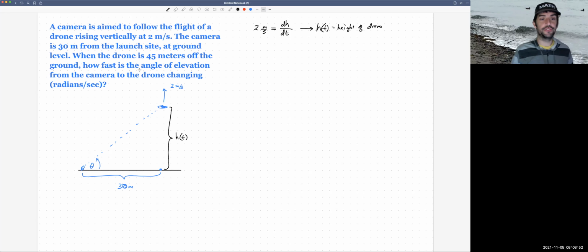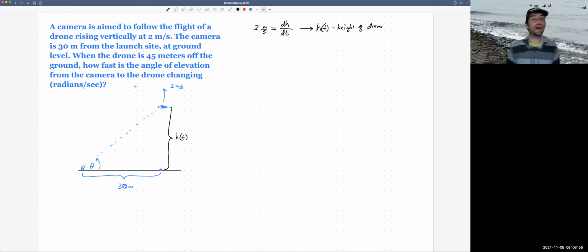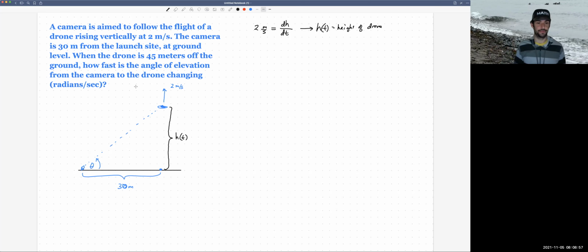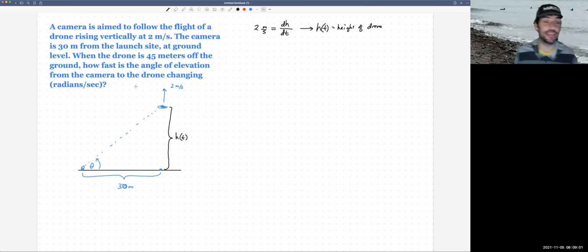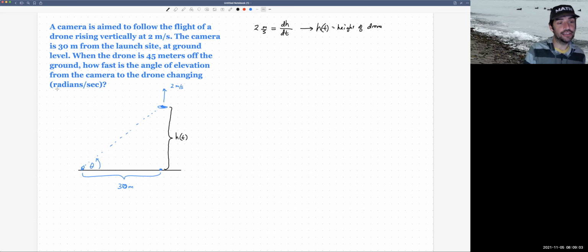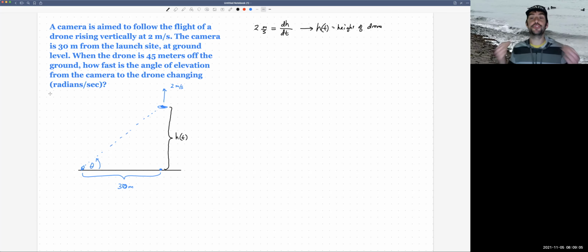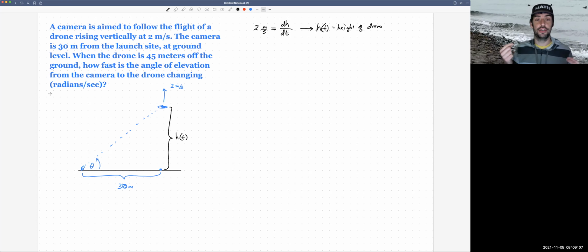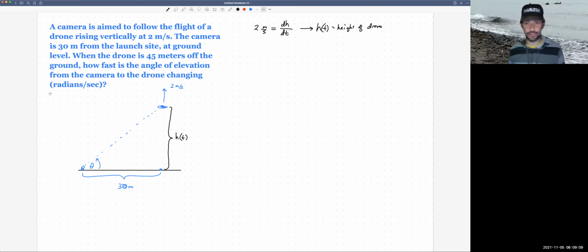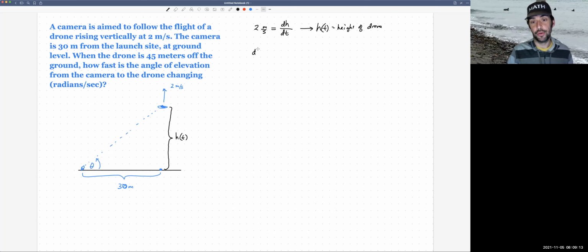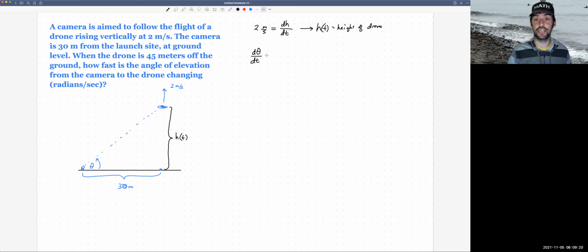What about the thing we're looking for? The angle of elevation, we want to know how fast it's changing, right? Again, we want to think about derivatives. In other words, the angle changing in radians per second screams derivative. It's a rate of change. We want to know how the angle that I called theta changes as time changes, dθ/dt.